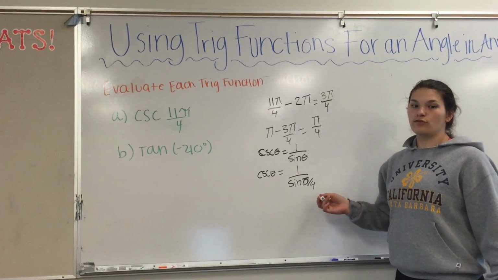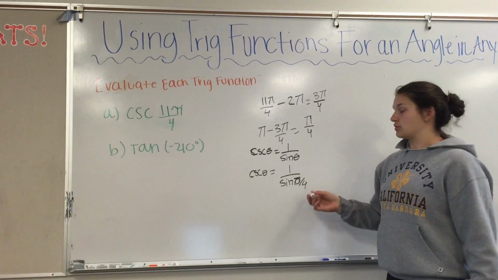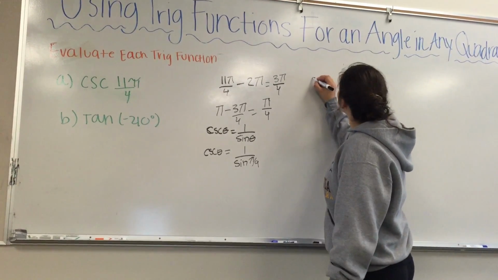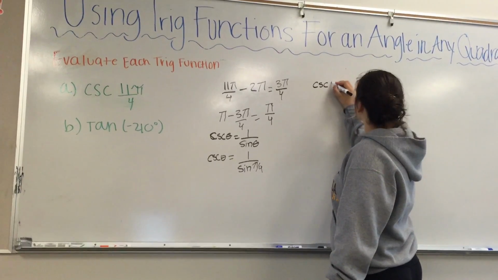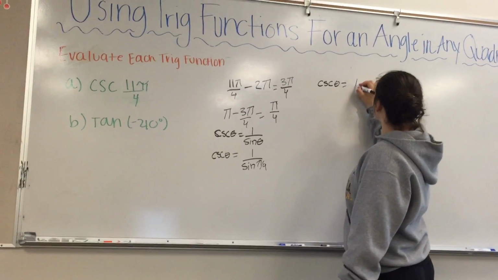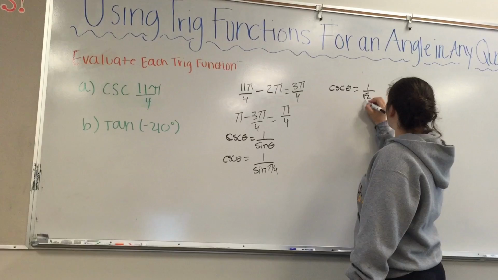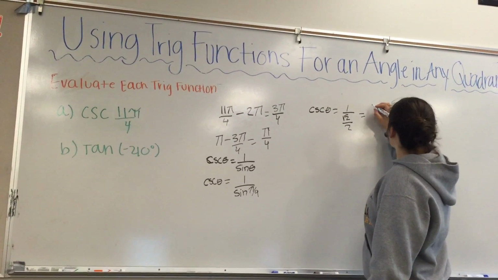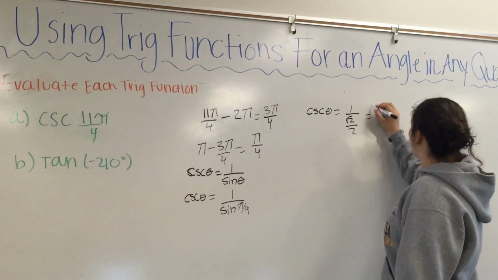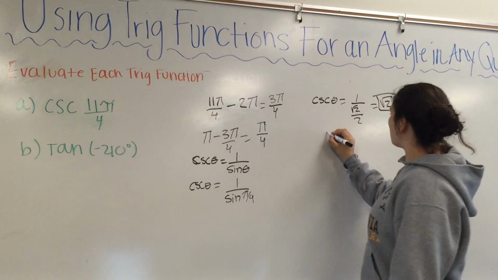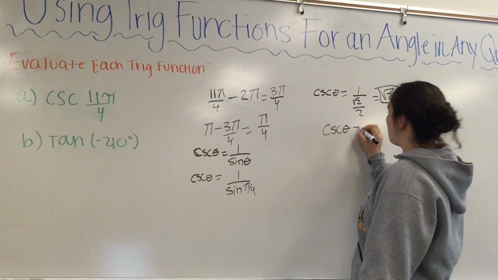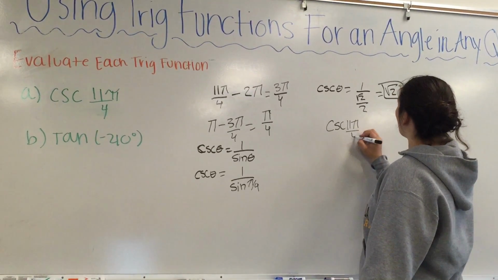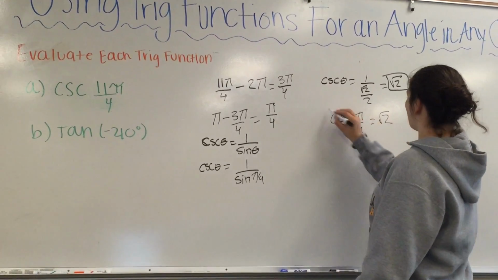And the sine of pi over 4, we know using the unit circle, is the square root of 2 over 2. So, the cosecant of theta equals 1 over the square root of 2 over 2. To simplify that, you're going to get the square root of 2. So, the cosecant of 11 pi over 4 equals the square root of 2.